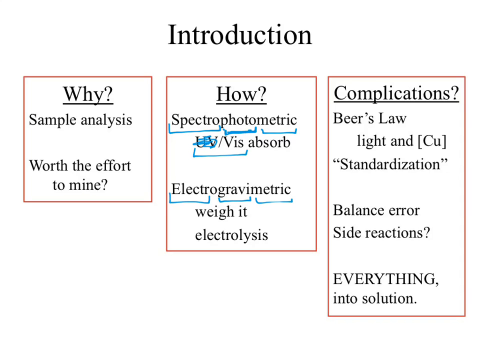Our very first step with all of the individual procedures is to turn your copper ore into a copper ion. Once in that state, we can then do the electrolysis on it. We can then also do the spectrophotometric analysis. So to get it into solution, I definitely didn't do a good sequencing on this.